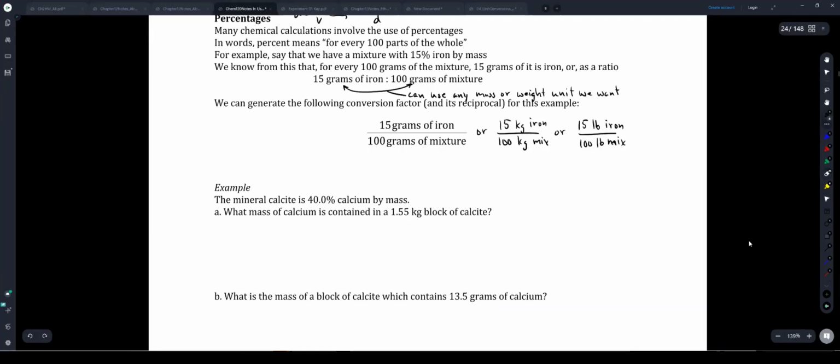Well, if I've got 1.55 kilograms of calcite, remember, what is this sentence saying? 40% calcium by mass means there are 40 grams of calcium for every 100 grams of the whole, which is calcite.